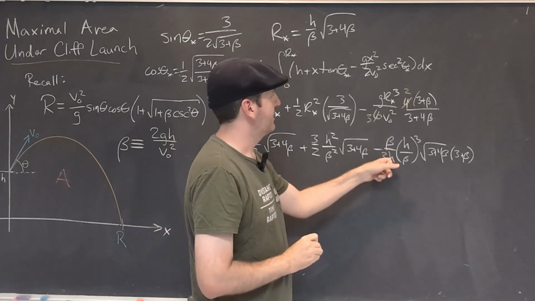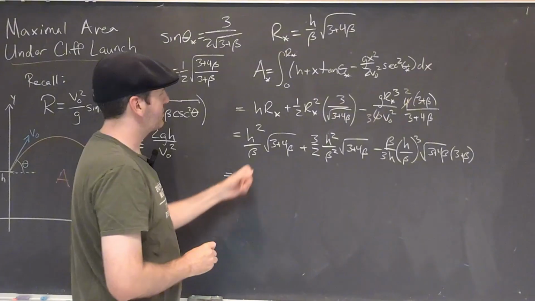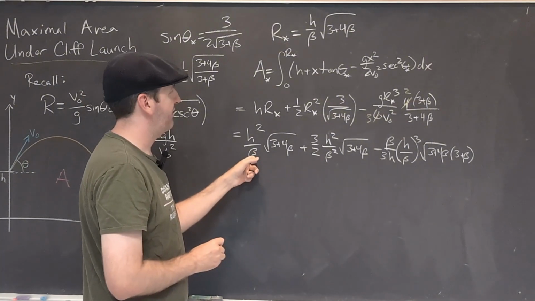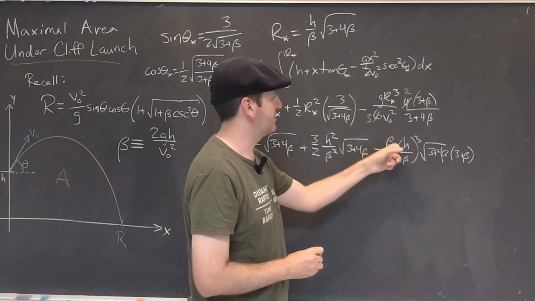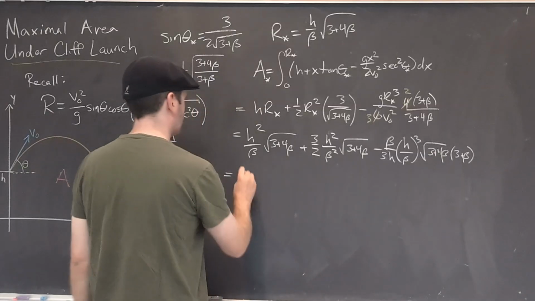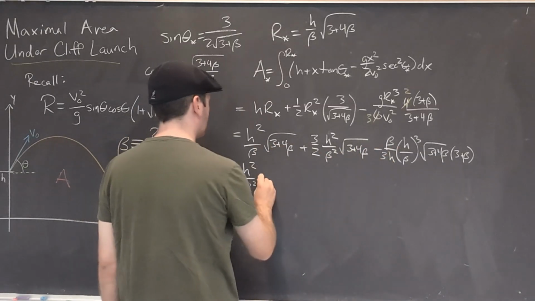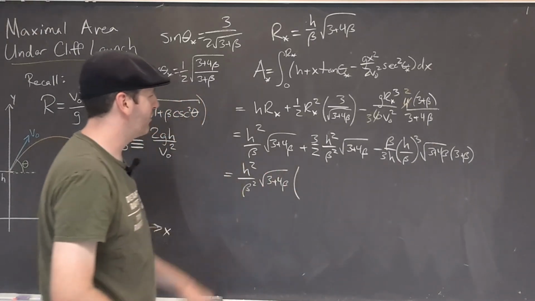Okay, so anyway, the h's here will partially cancel down to an h squared. Notice there's also a beta in each one of these terms. I'll actually go ahead and factor out a beta squared from each term because this beta over beta cubed also gives me that. So I have h squared over beta squared. There's also this root in all of these, 3 plus 4 beta.